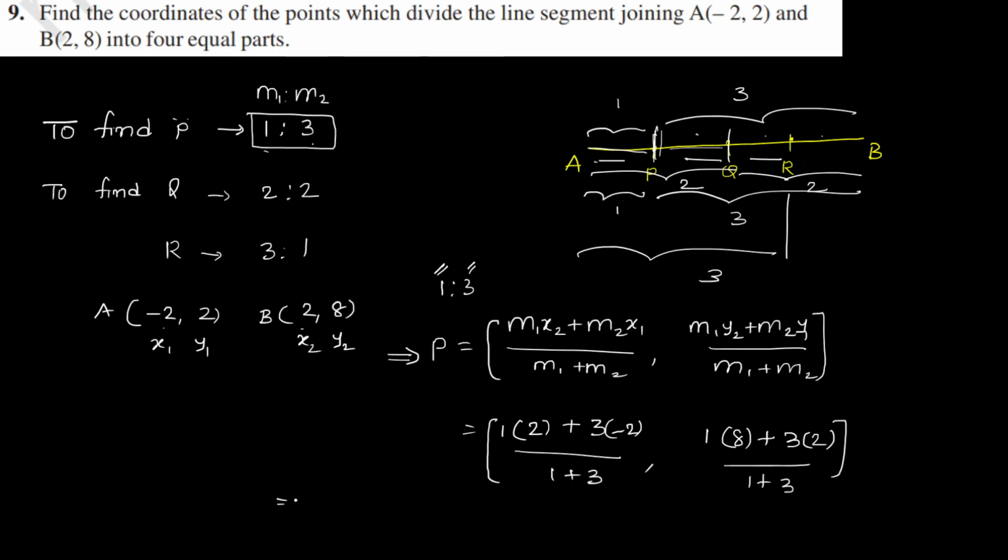Ultimately it will become: 1 into 2 is 2, 3 into -2 is -6, so 2 minus 6 by 4, comma, 8 plus 6, 14 by 4. So -4 by 4 means -1, comma 7 by 2. P is (-1, 7/2). If we simplify this, we get this answer.